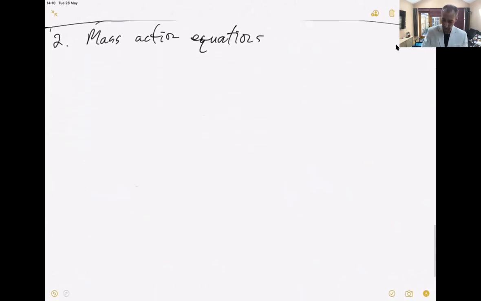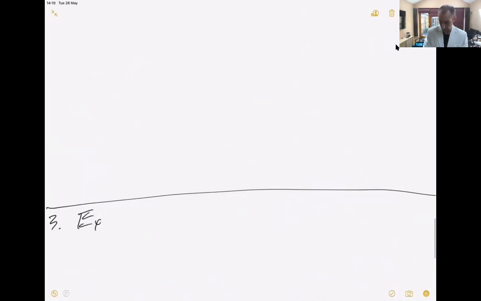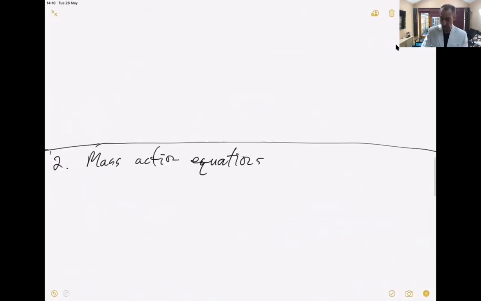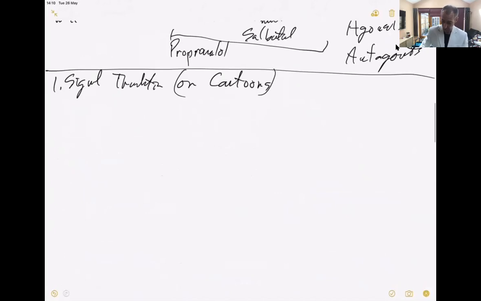And then here, I'm going to do my second thing, which is going to be mass action equations. If I was doing this with boards, it would be much easier. I'll leave 2 of my screens for that. And then the third thing will be the experimental. So those are the 3 areas I'm going to cover, and I'll jump back and forth between these.